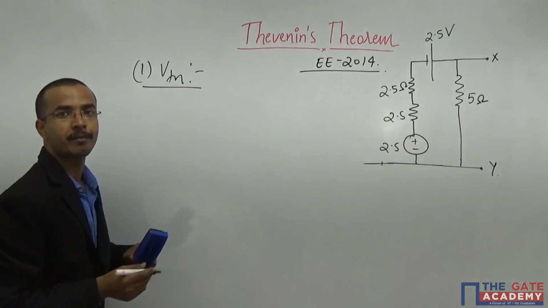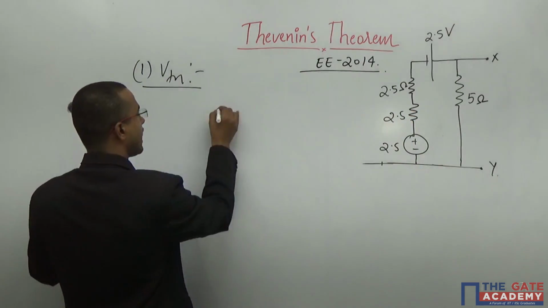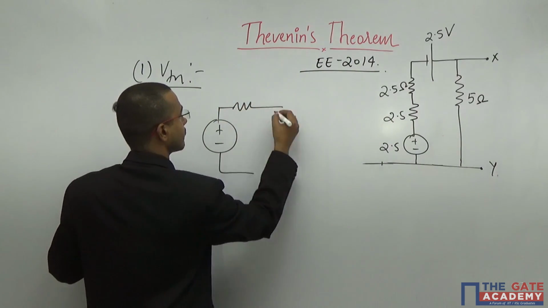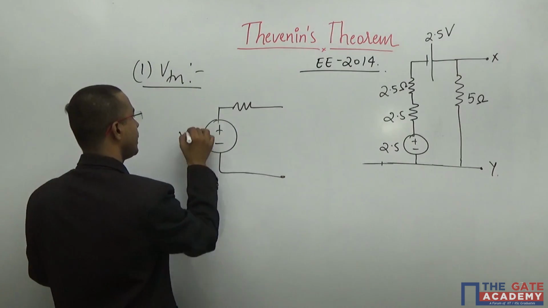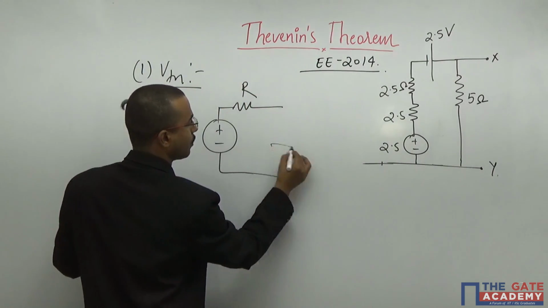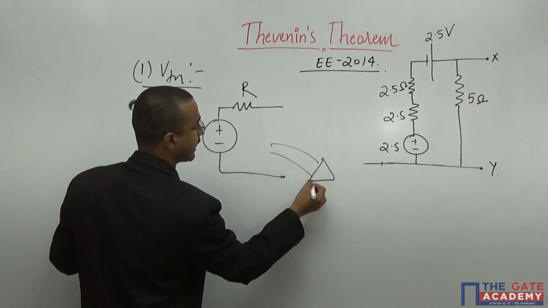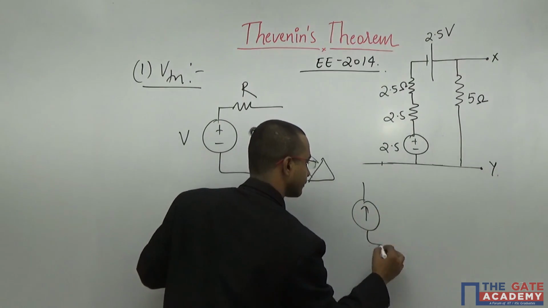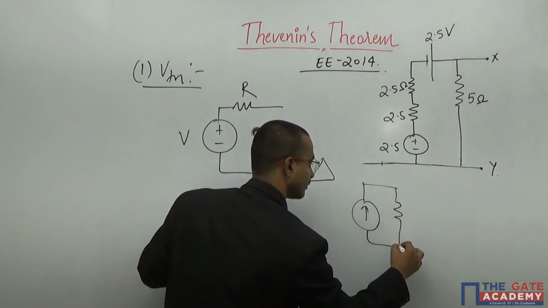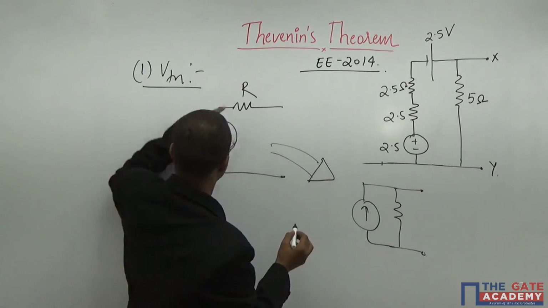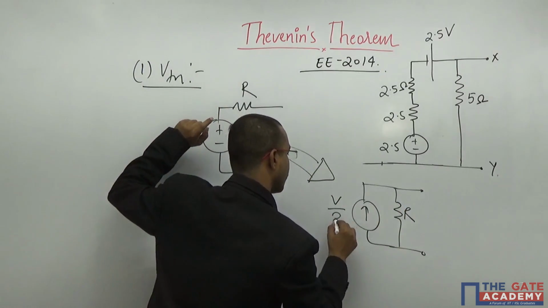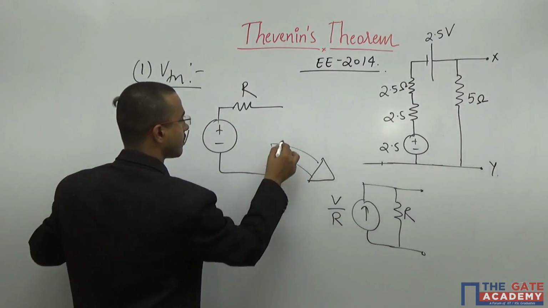Because what is the source transformation for me? If I have any voltage source of V and R, and I want to convert this into a current source, how will I replace this? My current source will be like this: this value R will go here and this value will be V upon R. And this is bidirectional.